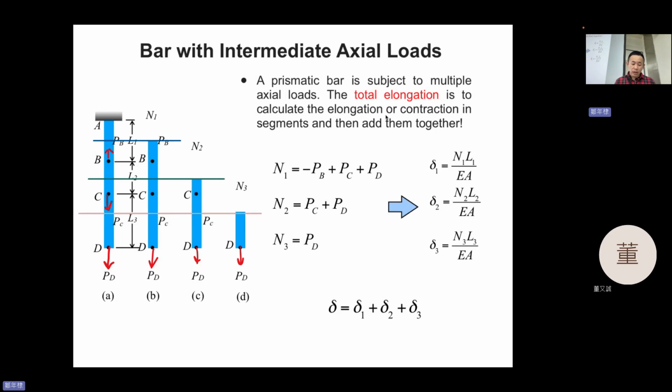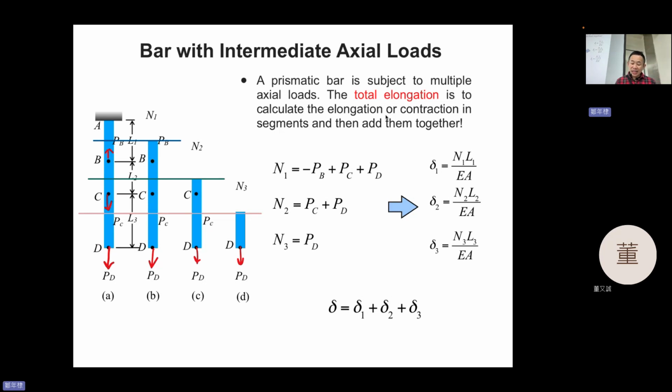Firstly, the goal of this page is to determine the total deformation, the total displacement of this bar, which is the displacement of D. So what will it be?